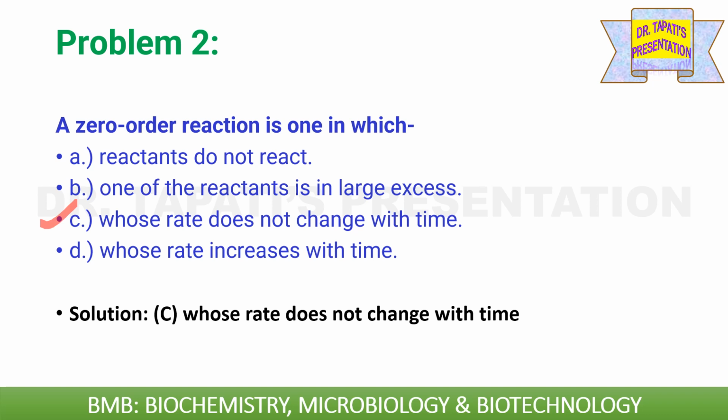I have shown you that if we plot V versus T, where V means velocity or rate of the reaction, in case of zero order reaction we found a straight line where m is equal to 0.